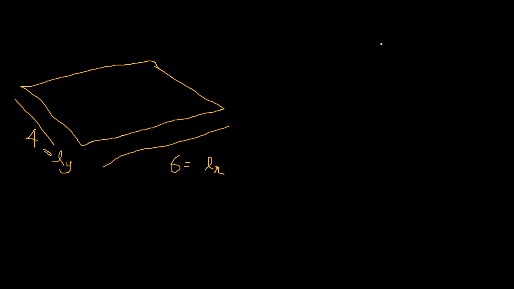So Lx over Ly is going to be 6 over 4, so 1.5. It is less than 2. That means this is going to be a two-way slab.